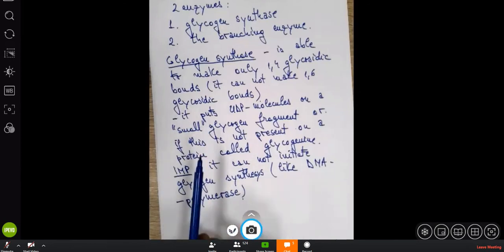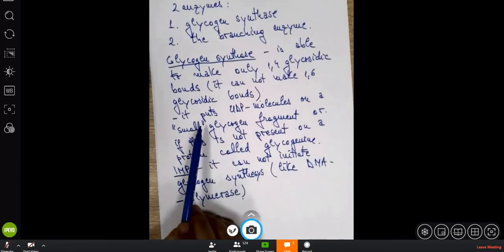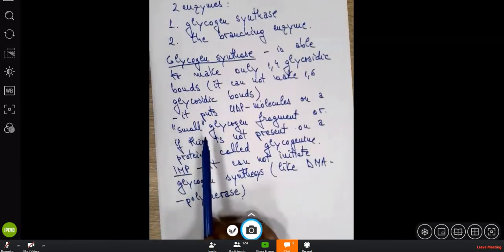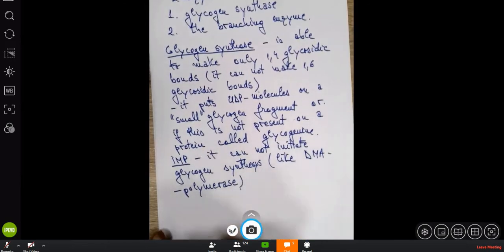So, like DNA polymerase, glycogen synthase cannot initiate glycogen synthesis. So, I need a rest of glycogen, a small glycogen fragment, or if I don't have it, I need to use a specific protein called glycogenin.